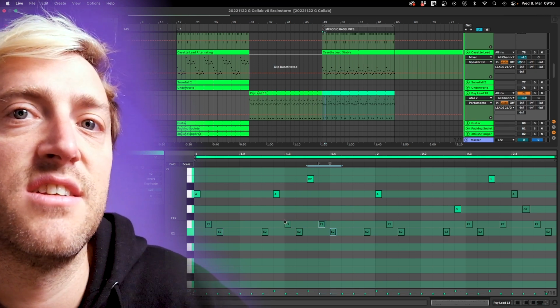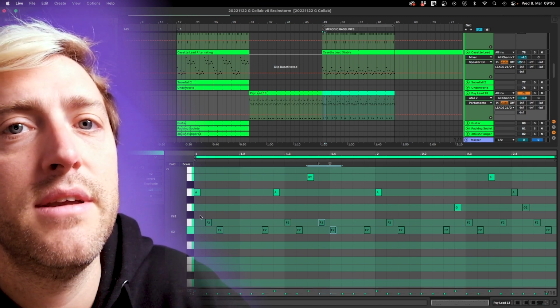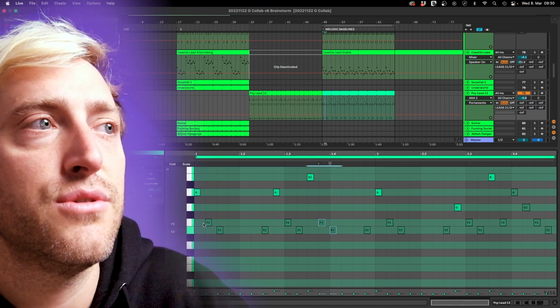So my suggestion is, before you start the melody, look for a few tones you like in the scale you have chosen, and then look for some intervals you like, and you can use that for the design of your melody. Another thing which I think is a little bit less important in Psytrance, but it's important, is harmonies.